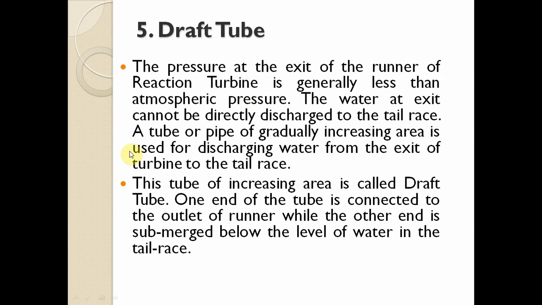A tube or pipe of gradually increasing area is used for discharging the water from the exit of the turbine to the tail race. Thus, a tube of increasing area is called a draft tube. One end of the tube is connected to the outlet of the runner, while the other end is submerged below the level of the water in the tail race.